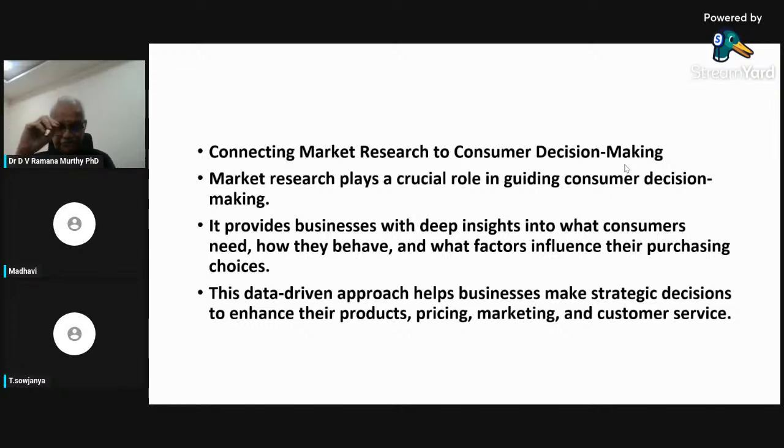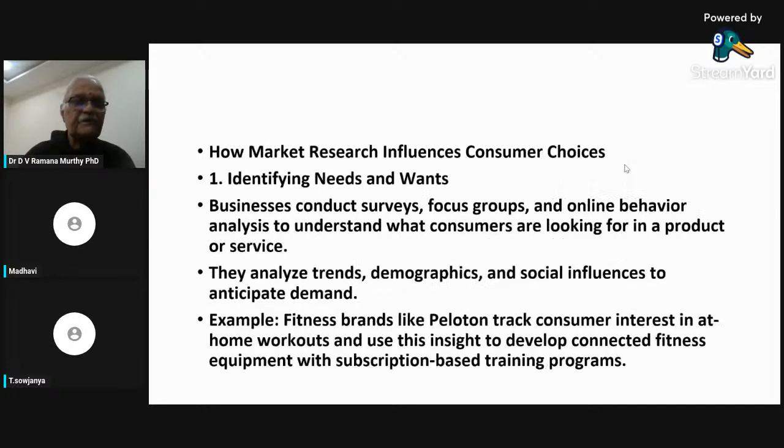You can offer new products, new prices, suggest new promotional strategies, and also go in for new logistics arrangements, place utility. This kind of data provides businesses with deep insights into what consumers need, how they behave, and what factors influence their purchasing choices. Based on that, you can take data-driven strategic decisions, mind it. It can be products, pricing, distribution, anything for that matter.